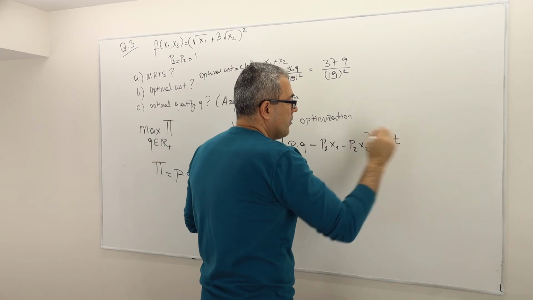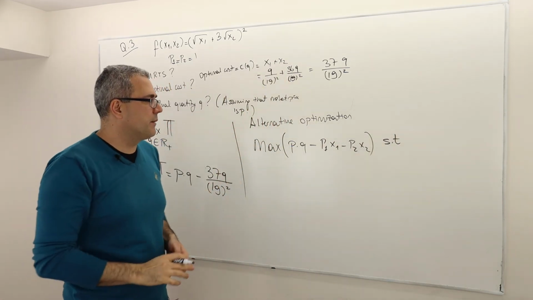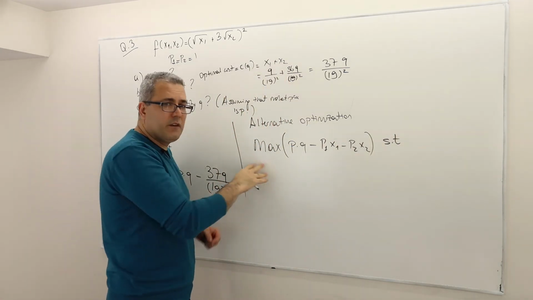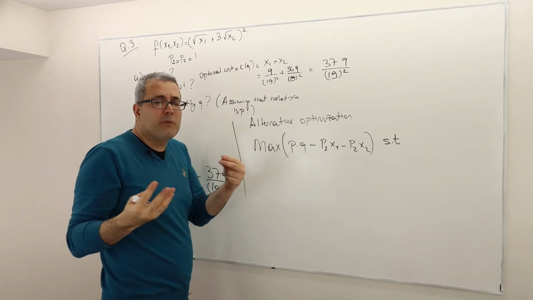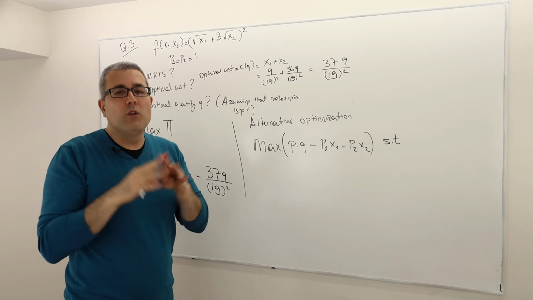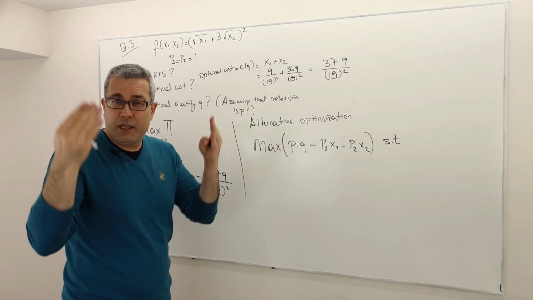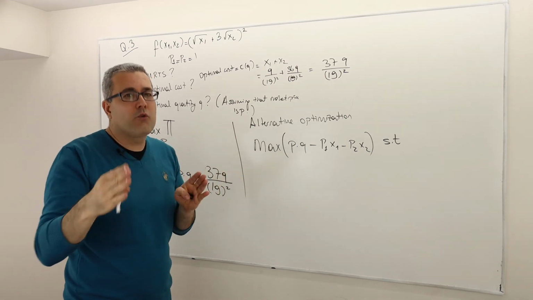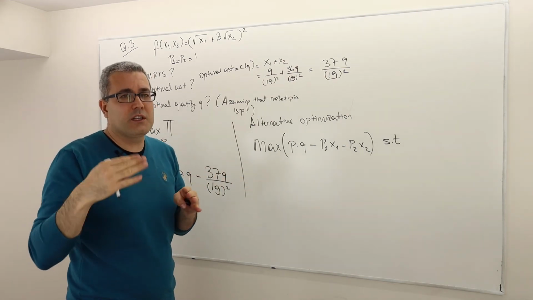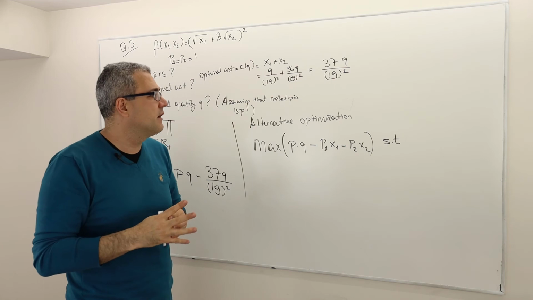Subject to, okay, let me leave this subject to. So here my profit is P times Q, the revenue, minus cost. Remember, cost is here. The only cost I have is the variable cost. I assume that there's no fixed cost. All right. For all our questions, assume that there's no fixed cost unless the question gives you that.